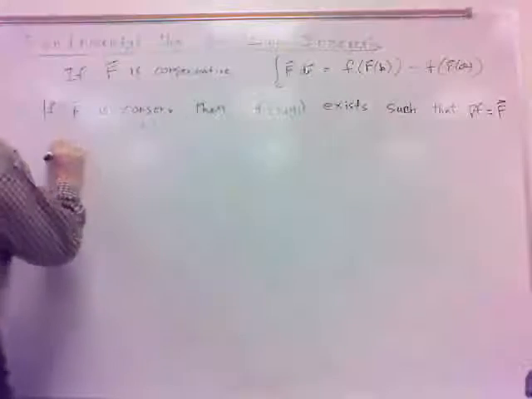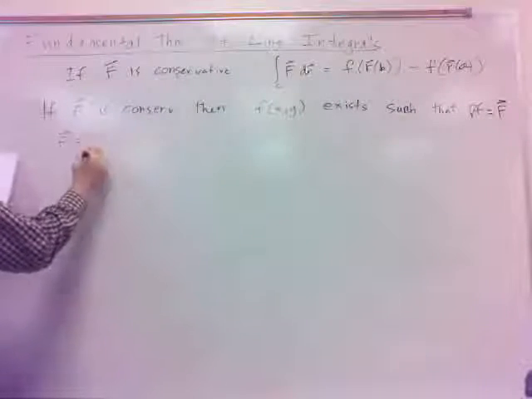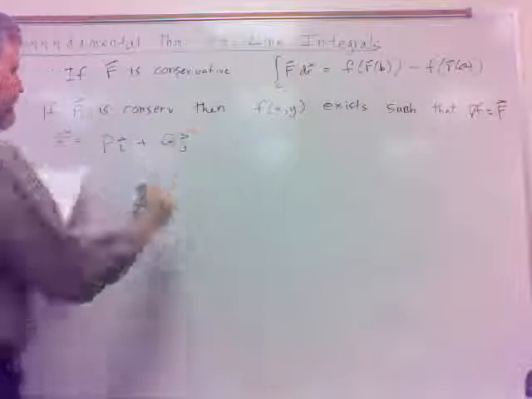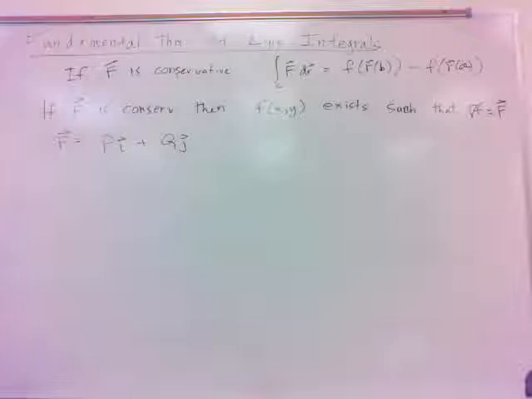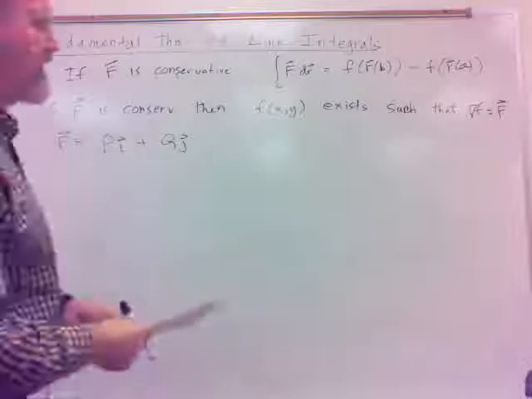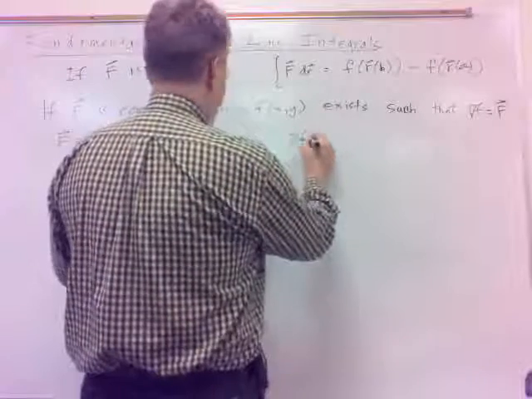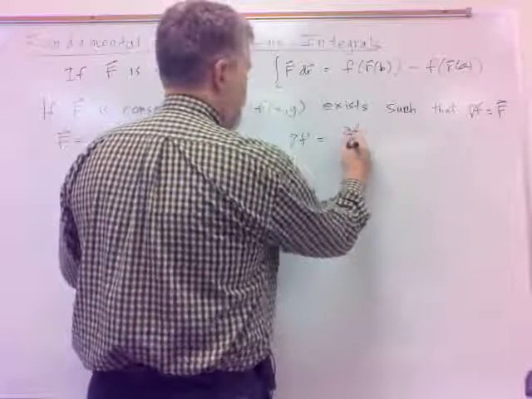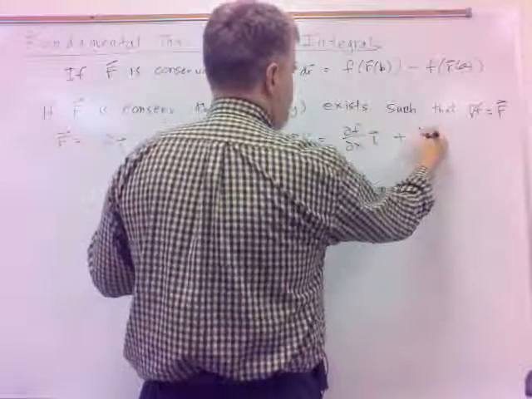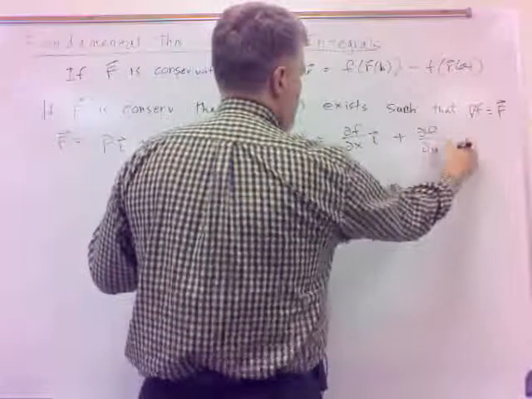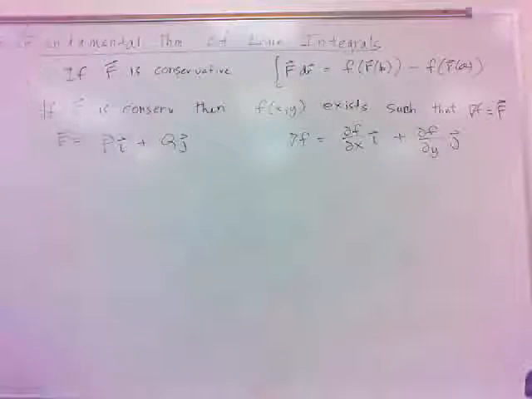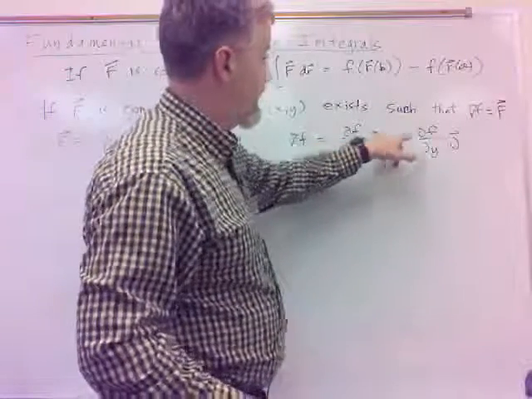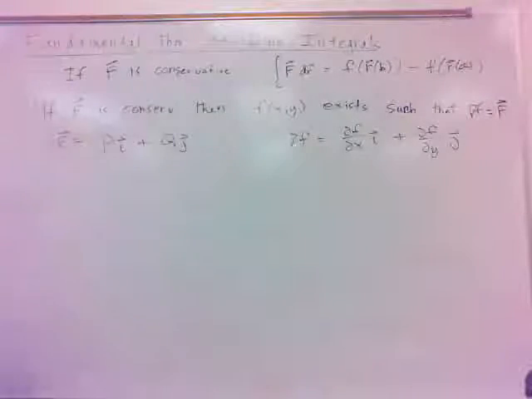F, right? Well, we've been noting for 2 dimensions F, we're calling it P i plus Q j. Then the gradient of f would be the partial of f with respect to x, and the partial of f with respect to y is the j component there.